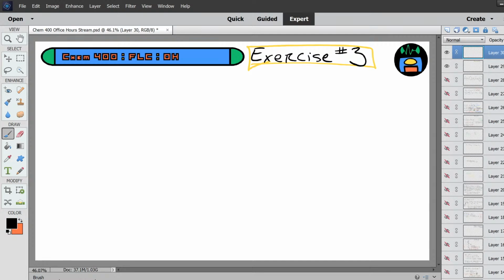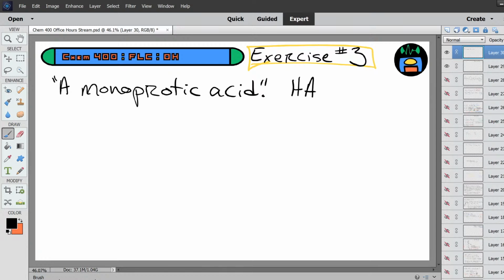So the first question. There's a question on there that talks about a monoprotic acid. That is an acid that just has one hydrogen to donate.